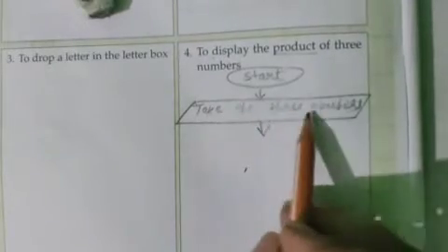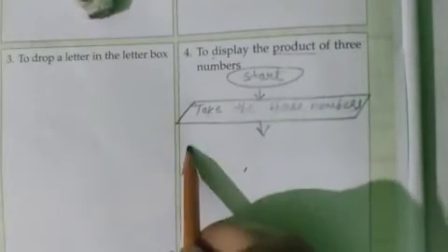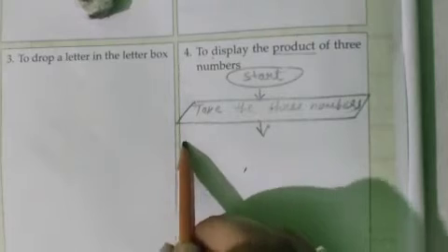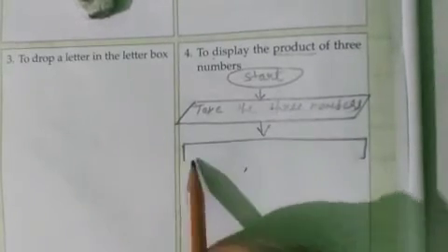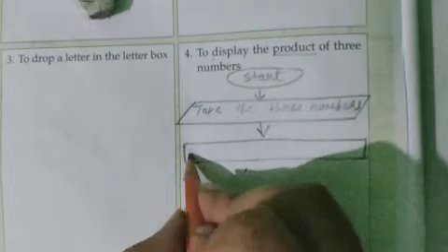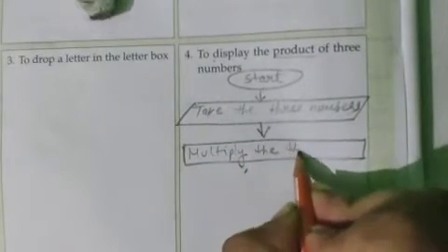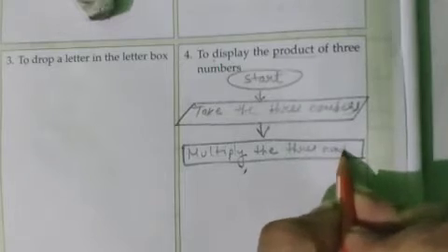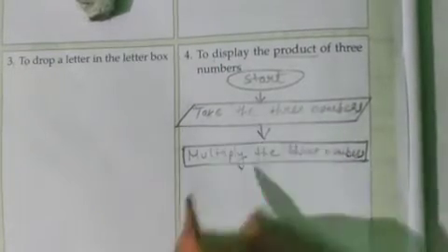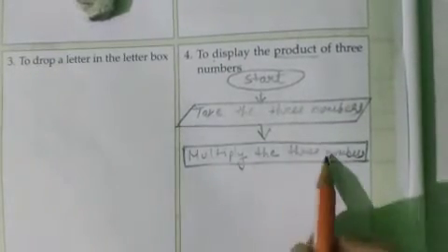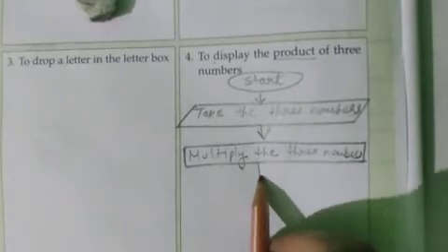Now we have taken the 3 numbers. Now what we have to do? Now multiply them. So processing is done. Draw the rectangle box. Now write down: multiply the 3 numbers. We have multiplied the 3 numbers, and now the result has come.